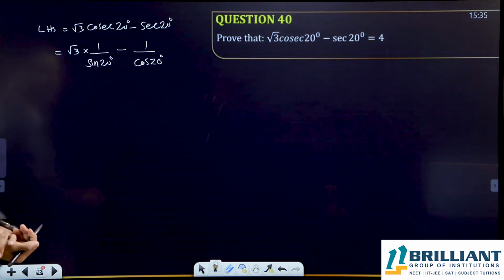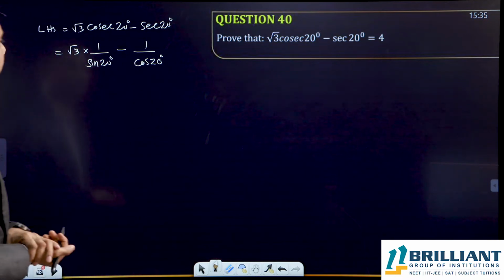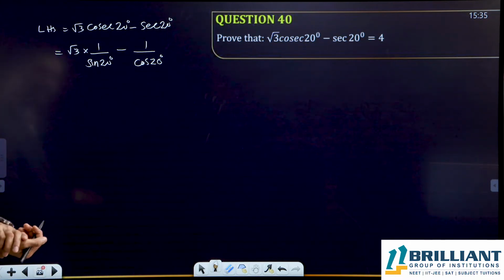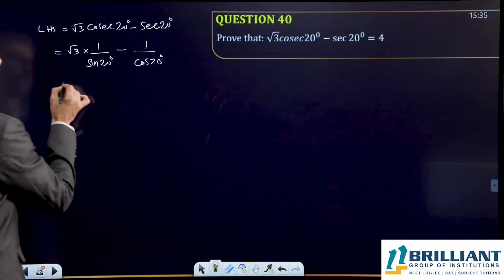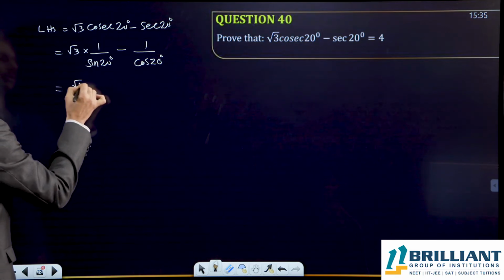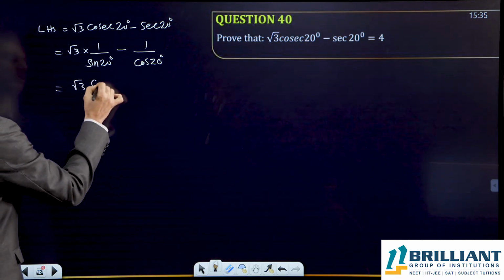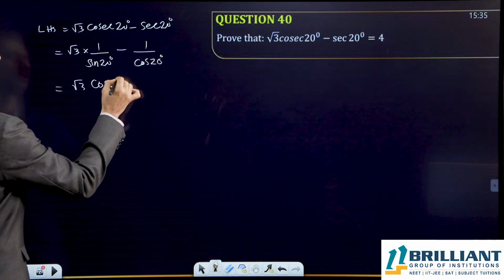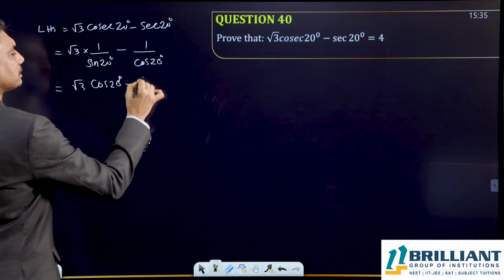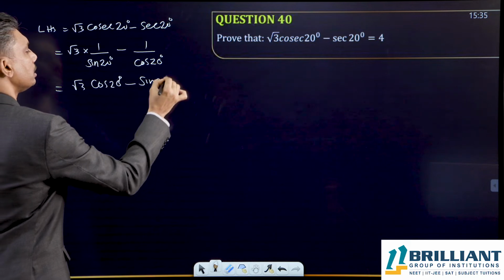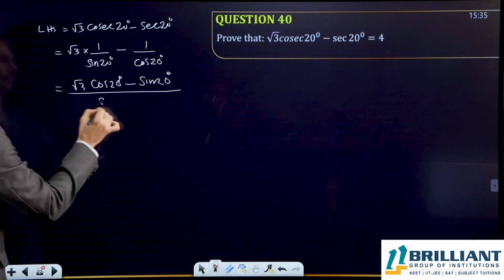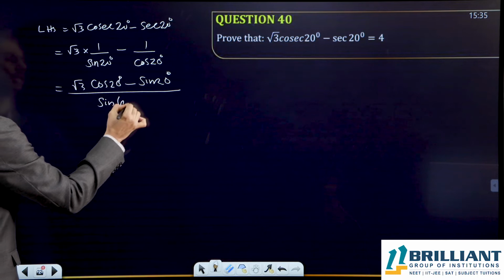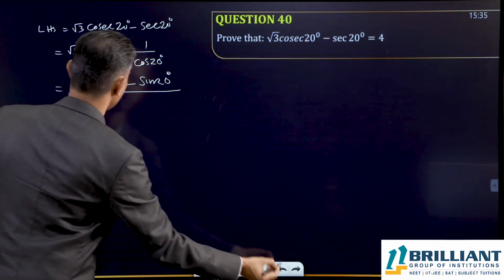Root 3 into 1 by sin 20 minus 1 by cos 20, that is root 3 cos 20 minus sin 20 by sin 20 into cos 20.